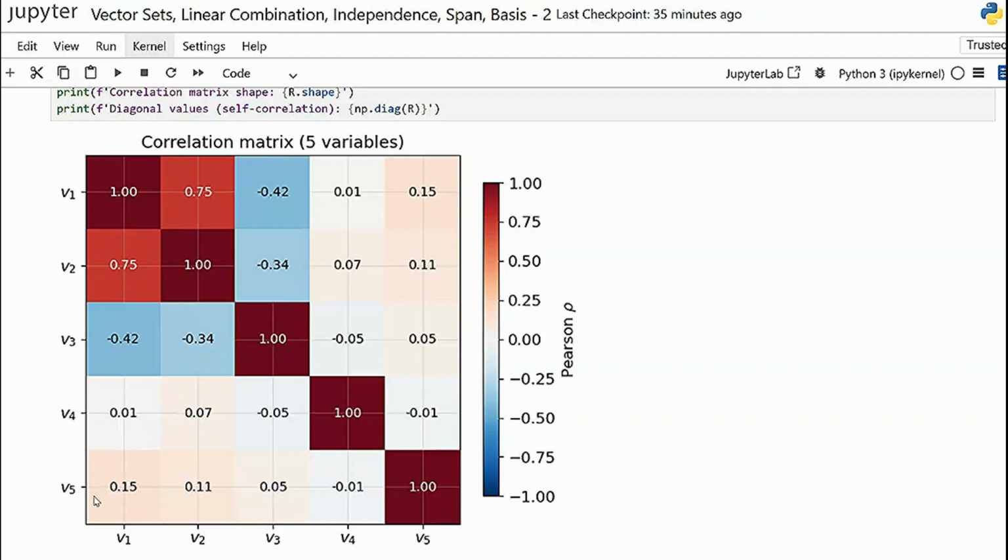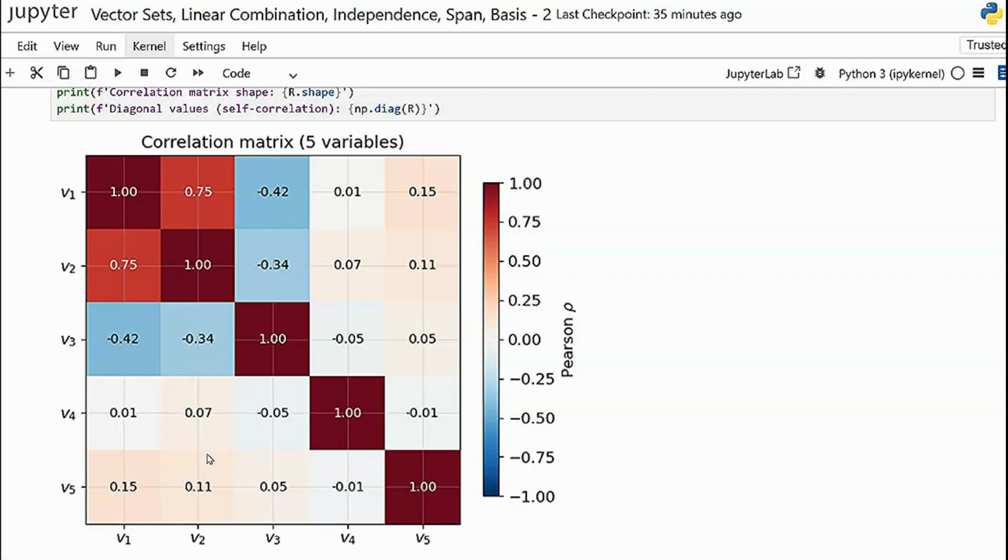Next, last but not least, observe v5. It is specified as z square plus some error, so it has nonlinear dependency on z, but only weak linear correlations with v1 and v2.